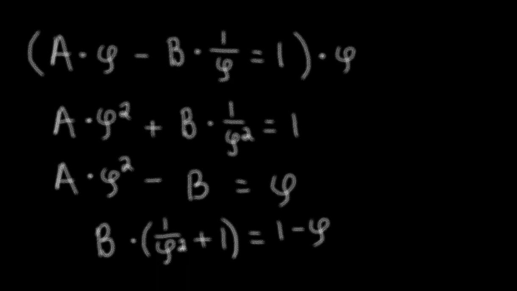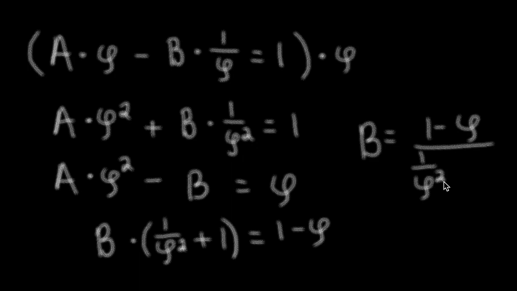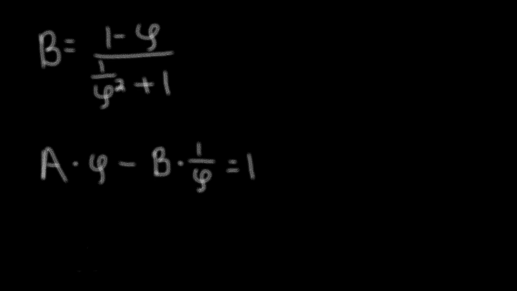Okay, so now that actually gives me the formula for b. So b is equal to 1 minus phi over 1 over phi squared plus 1. So now let's plug back in and solve for a. We have the value of b and we want to solve for a.